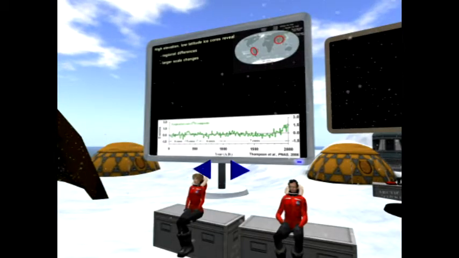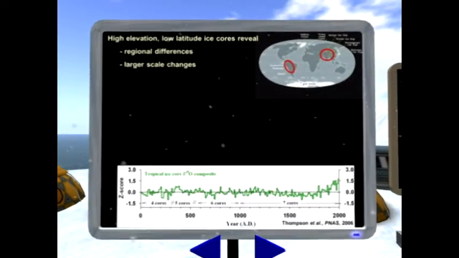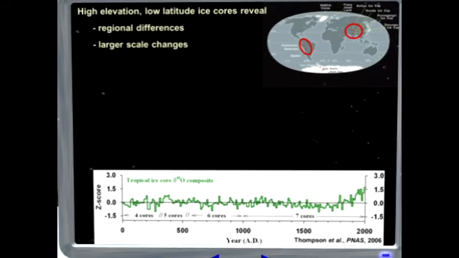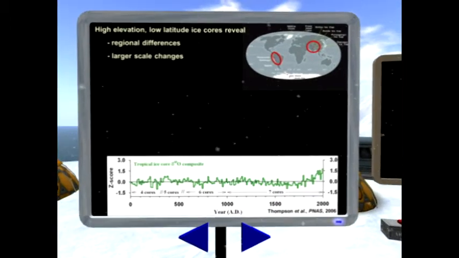Now, in this slide, we're going to show you how we reconstruct the Earth's temperature history using oxygen isotopic ratios that are actually measured from the snow or the ice. So in the upper right, you'll see a map of the world and the 2 red circles.